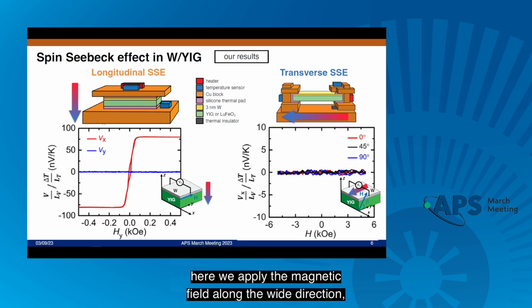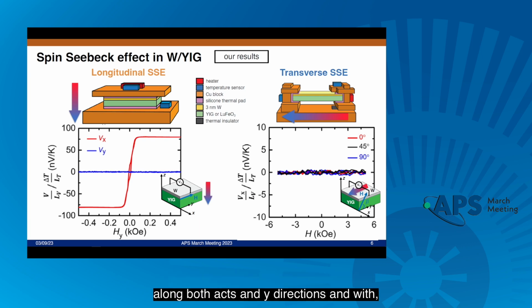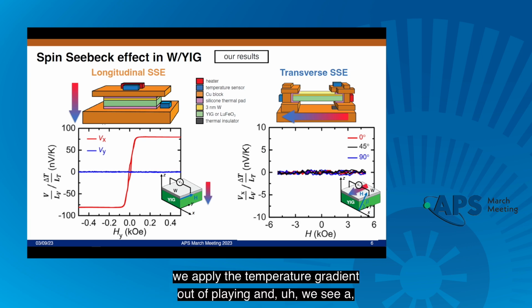Here we apply the magnetic field along the y direction, which sets the moment and spin index directions, and we measure the voltage along both x and y directions. We apply the temperature gradient out of plane, and we see a maximum of the signal along the x direction.